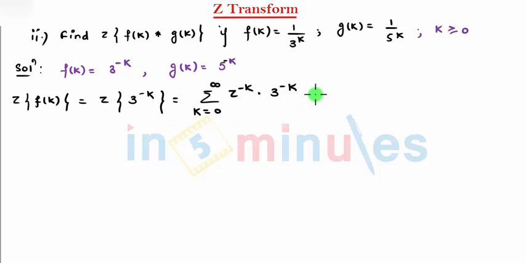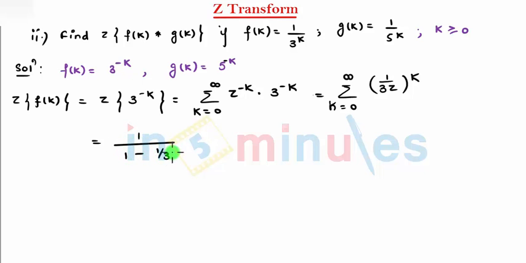This we can write as summation k equal to 0 to infinity of 1 upon 3z whole raised to k, which we can directly write as 1 divided by 1 minus 1 upon 3z, which comes to be 3z divided by 3z minus 1.